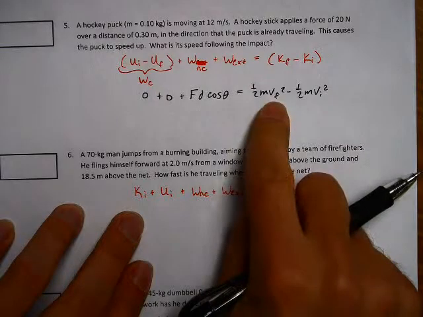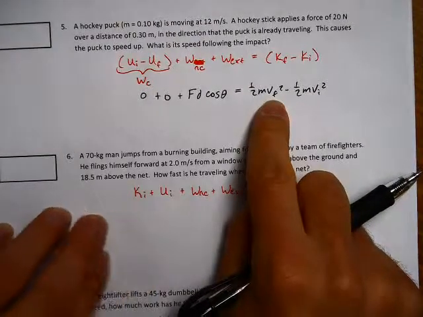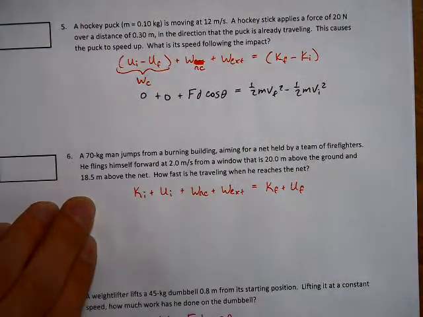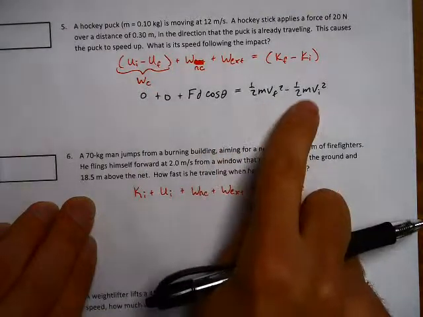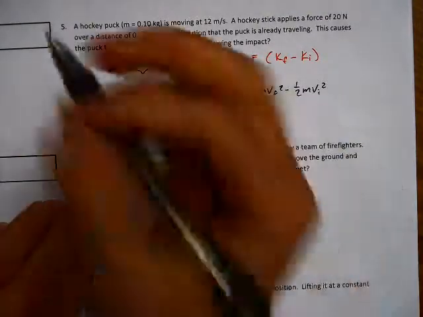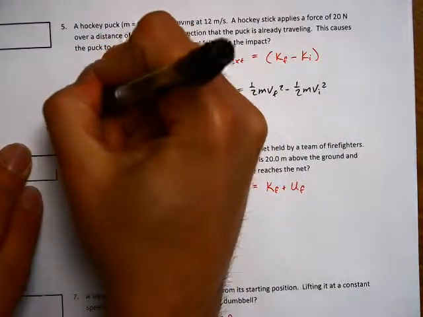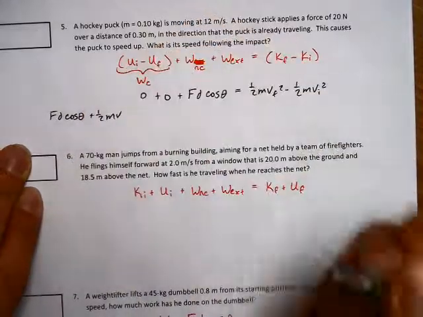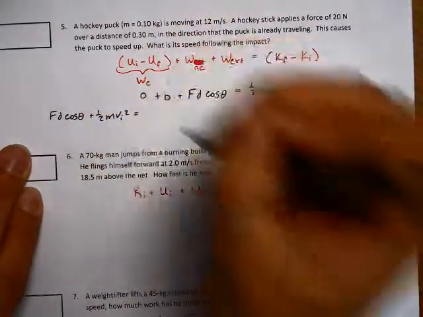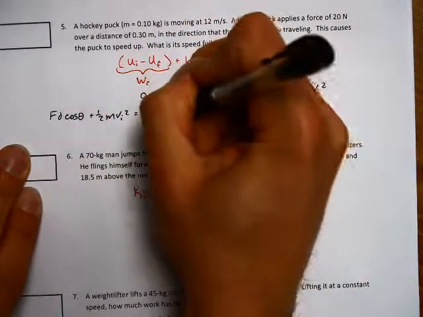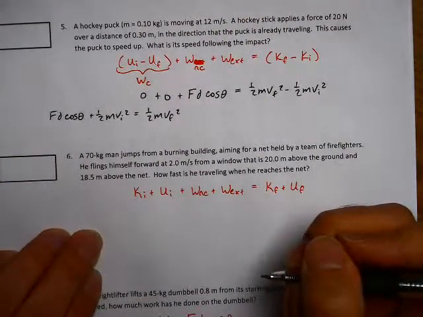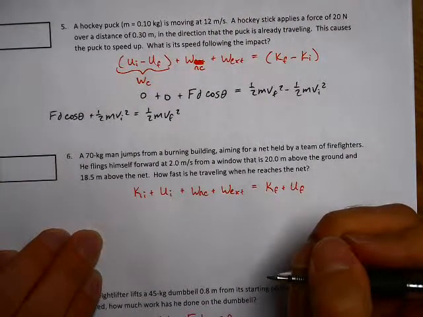So we want to find this final speed. To do that, I'm going to add this term to the other side and get Fd cosine theta plus 1/2 m vi squared equals 1/2 m v final squared. And now divide all terms by 1/2 m.